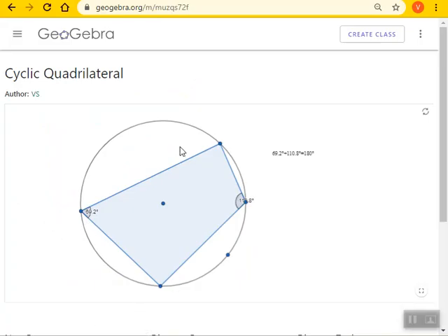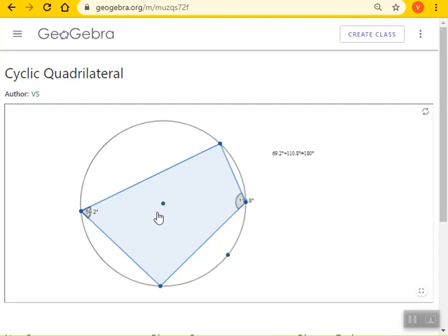Here's a cyclic quadrilateral, and I've got the computer to measure the angle in this corner and the angle in this corner, and then add them together, and it's telling me that they're currently 180. So these two angles, even though they're different sizes, add up to 180.